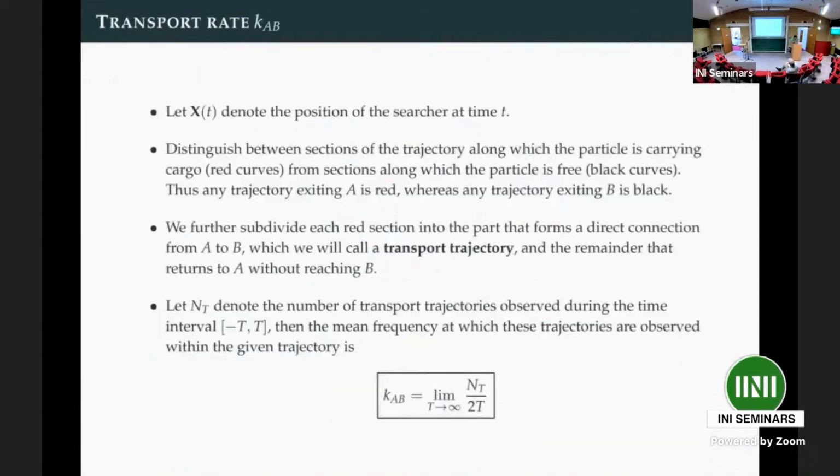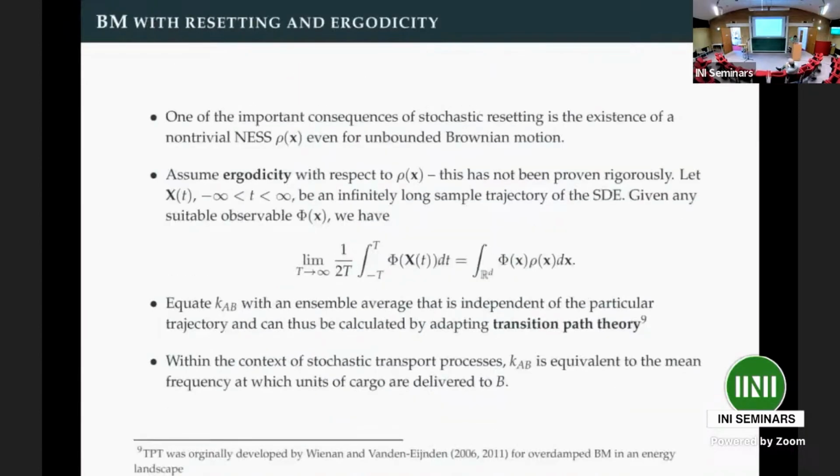So I'm going to try to capture some of the things that are going on in this, and then tell you what I've applied it to. Okay, so let's assume that we have a stochastic process that has a well-defined stationary limit, rho of x, and that this is an ergodic density.